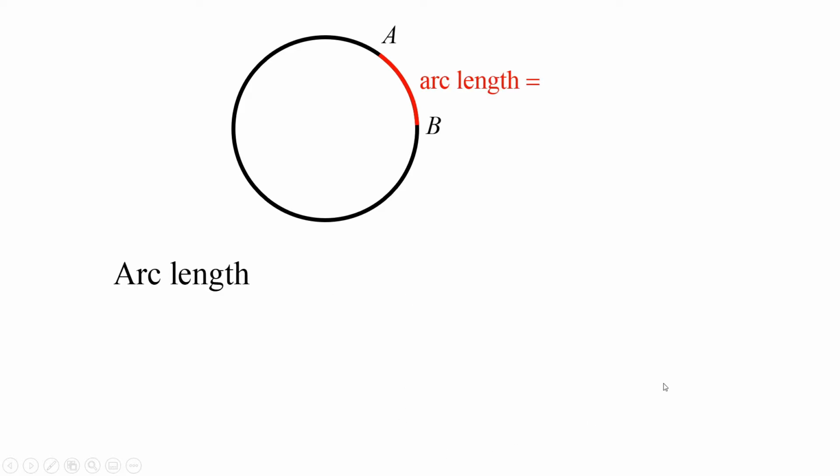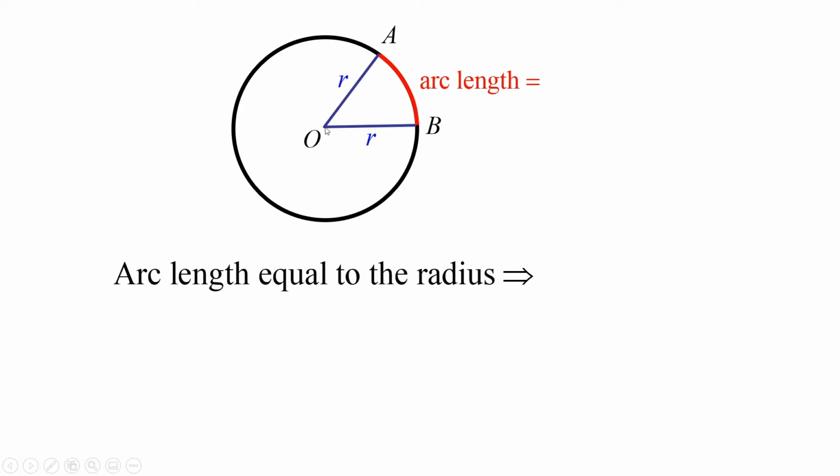Okay. Now, arc length always equals, and this is where radian measure came from, by the way, arc length equal to the radius. So let's picture the center of the circle and then do 2 radii from the center of the circle, one to point A and one to point B. So point O is the center of my circle, and there's one radius from the center to point A, and the radius there from the center to point B. Okay, now this arc length right here, that means that the distance from point A to point B is exactly r units.